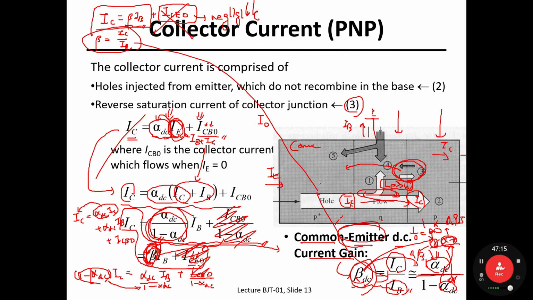So always think about this. The emitter doping concentration should be very high, and the diffusion length much longer than the base width. In other words, the base of the BJT device should be very, very narrow, even narrower than the diffusion length of minority carriers. Then you should be okay, and your BJT device should work very well.